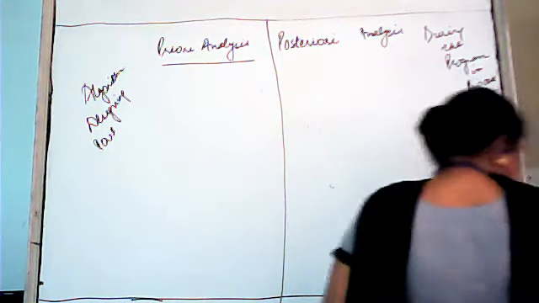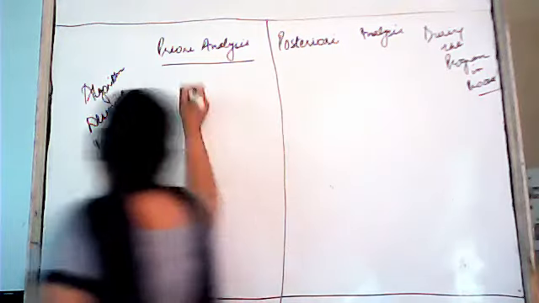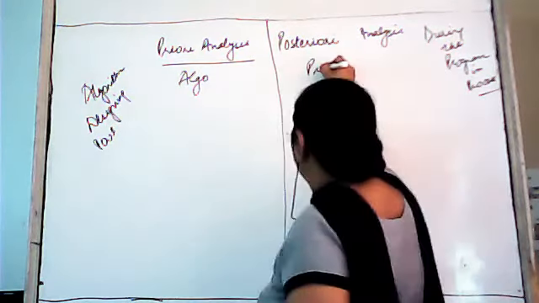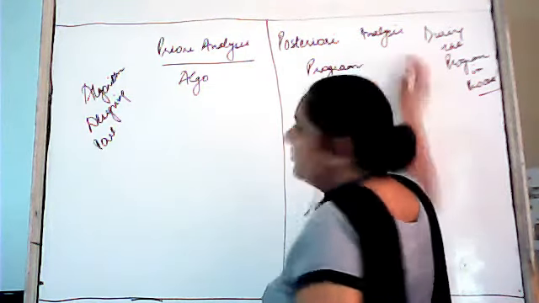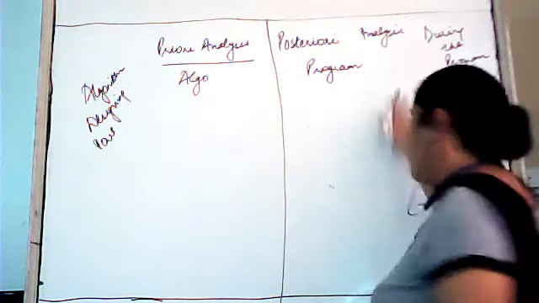Okay. So again, here we require the algorithm, here we require the program. For priori analysis, we need the algorithm. For posteriori analysis, the algorithm needs to be converted to the program.